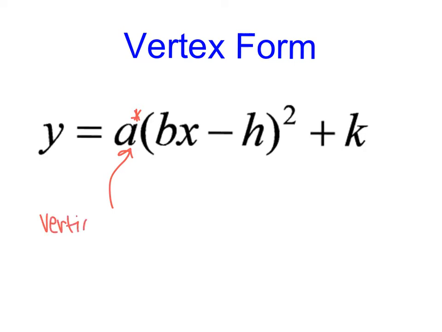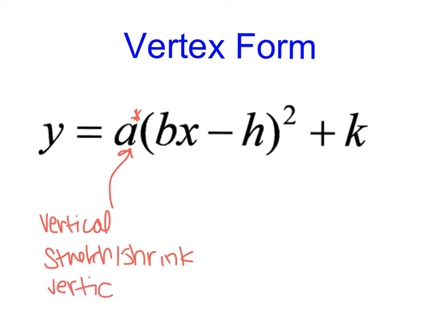with your vertical stretch or shrink factor. Or it could also deal with a vertical flip or a vertical reflection. And remember, our vertical reflection is going to take place about the x-axis. We then have our b value, which is multiplied by x on the inside here.